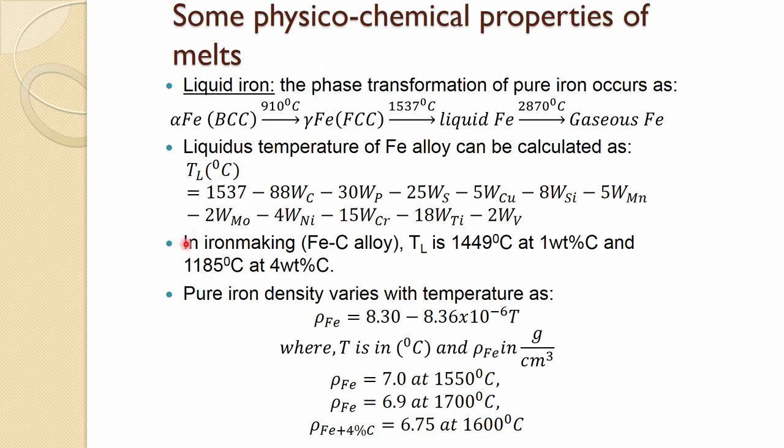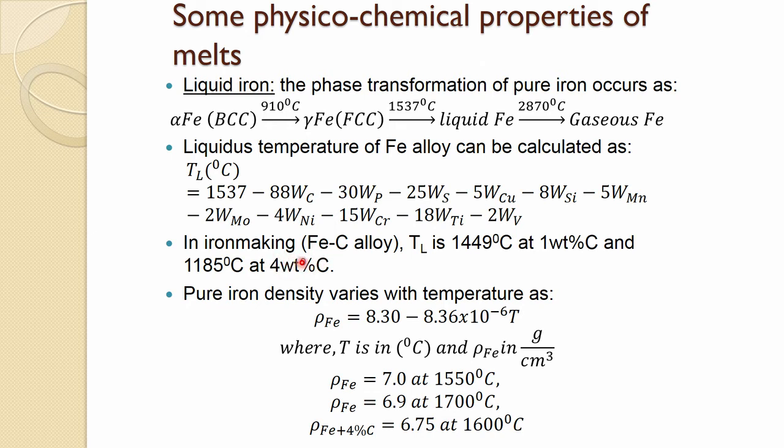So, you can see if we have 1 weight percent carbon, the liquidus temperature reduces to 1449 degrees Celsius, and at 4 weight percent carbon, as you know in the blast furnace, especially in the lower part or in the hearth, there is lots of carbon.